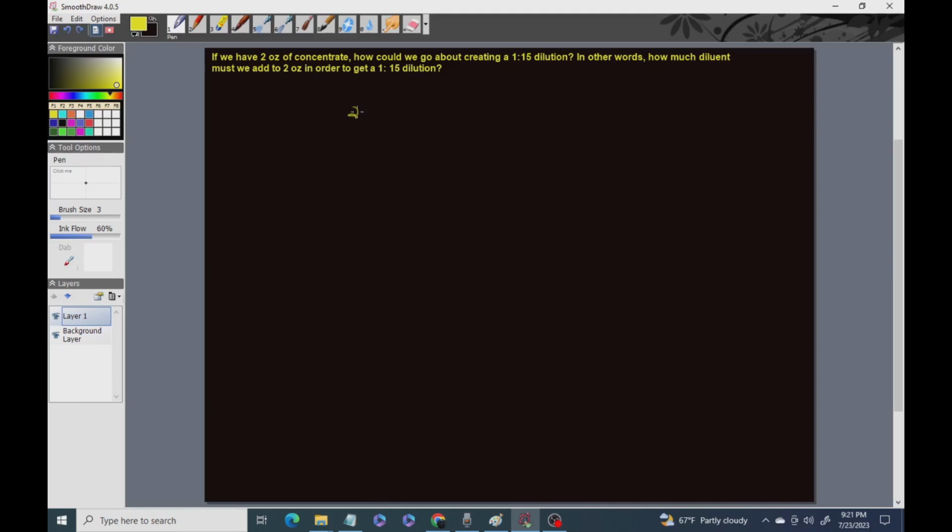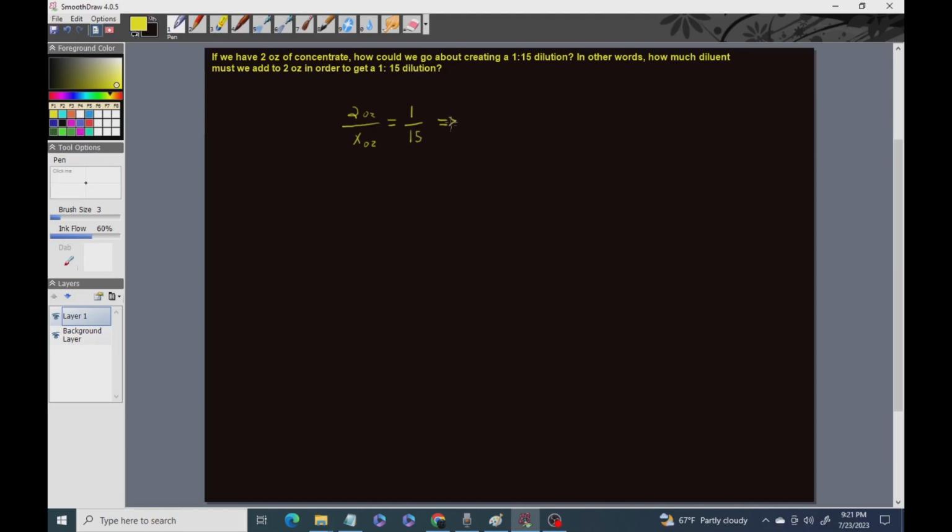So we have 2 ounces over x. X is our unknown, in ounces, and it is equivalent to the ratio of 1 to 15.